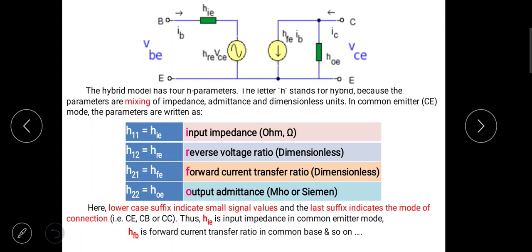If we come to the third row, H21 equals HFE. Here H indicates hybrid parameter, and F indicates forward current transfer ratio. Once again, as it is the ratio of two currents, it is dimensionless. And the last suffix E indicates common emitter mode. Similarly, in the last row, H22 equals HOE.